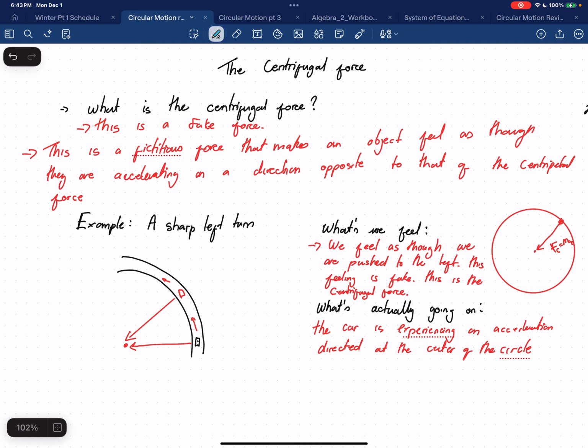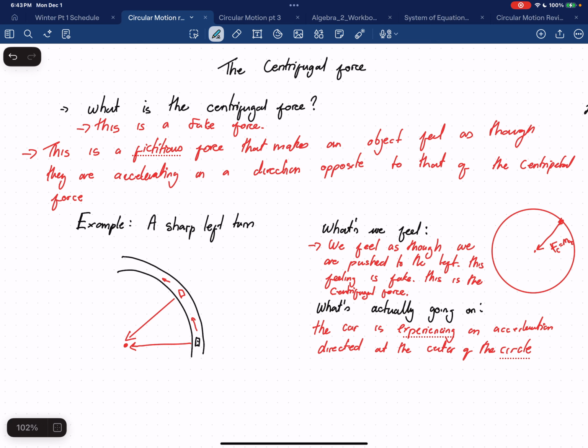Because our body resists acceleration to some extent, that's the law of inertia, the first law of motion, we feel as though we're being pushed to the right.